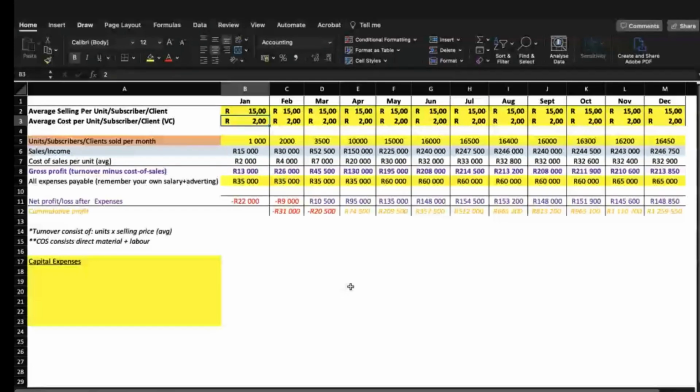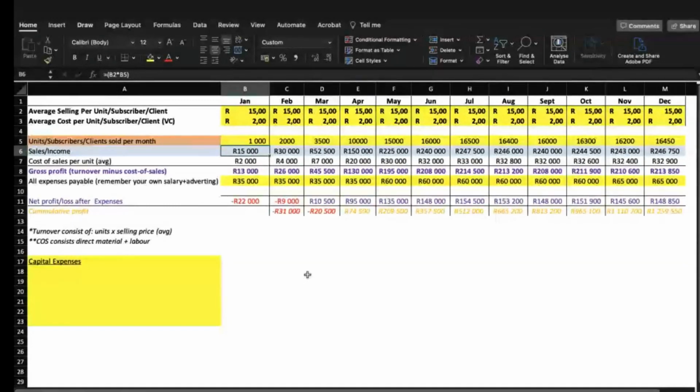But every meal is a different price. So what you tend to do is you take all of those costs and you divide it by the number of people that you've served for the month. And then you've got your average cost per unit or average cost per client. Then you times your amount of clients, of subscribers per month.